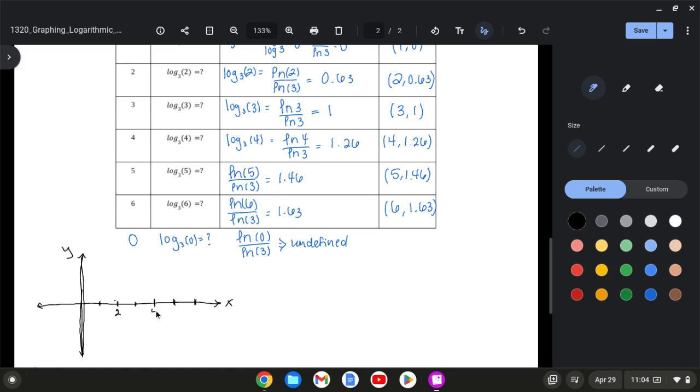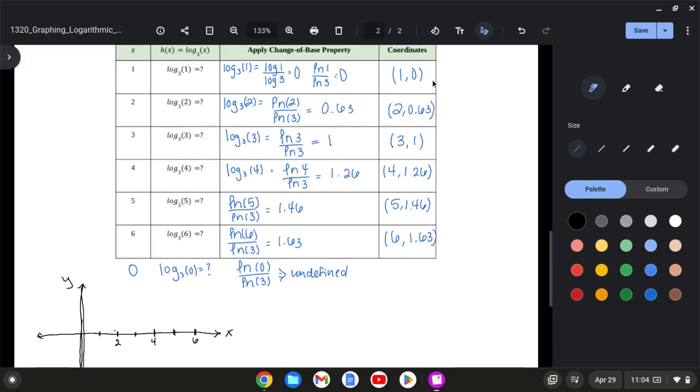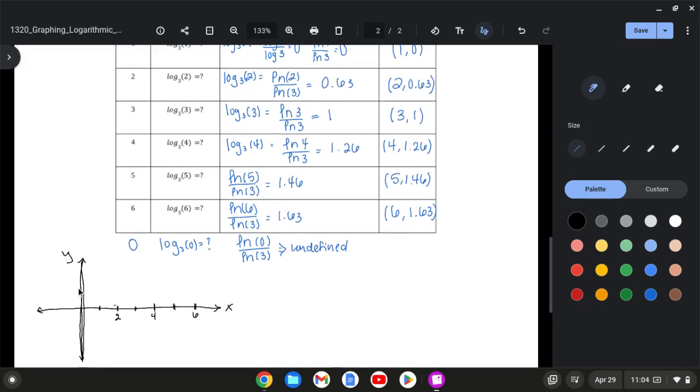I'll label every 2. All right, and then if you look in our y coordinates, we're going to go up to no higher than 2 in this case. So I'm just going to plot up to 2. And I'm also going to put hash marks in between for a half to help us with those decimals.